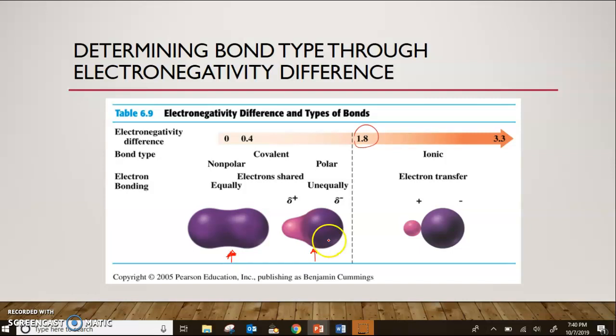We don't just immediately snap apart into that electron transfer. It's just that the electron gets pulled closer and closer to the other element until at some point it's considered to be a part of that other element's electron cloud. But again, it happens gradually. It doesn't just happen at 0.4 and at 1.8.